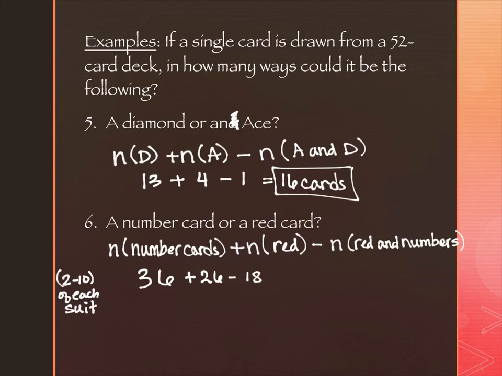Yeah. There's 9 hearts that are 2 through 10, and there's 9 diamonds that are 2 through 10. So there's 18 cards that are both number cards and red. So I need 36 plus 26 minus 18. 18 plus 26. 44. Yep, 44 cards.